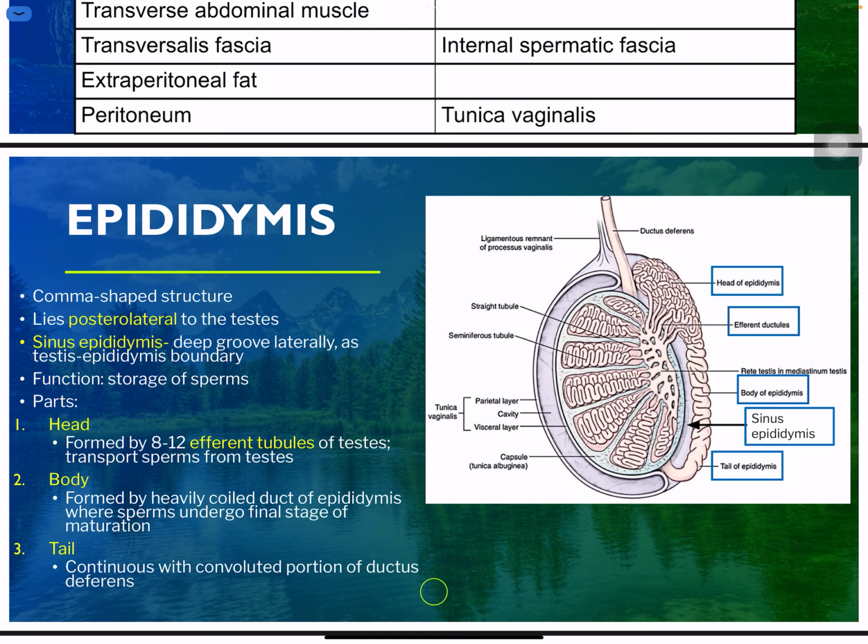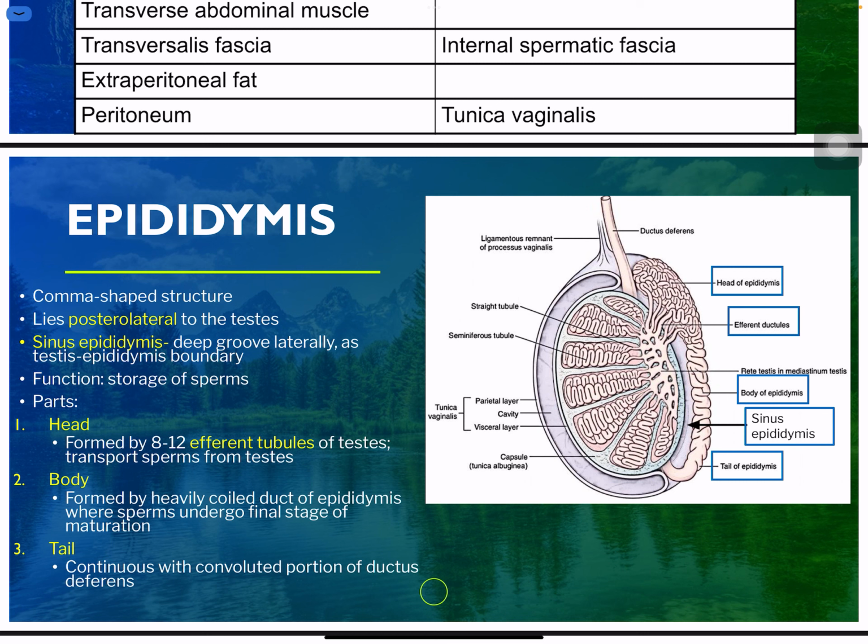Functions. This is the function of the epididymis: storage of the sperm. Okay, sinus epididymis dia macam boundaries between testis and epididymis. So it consists of head, body, and tail.